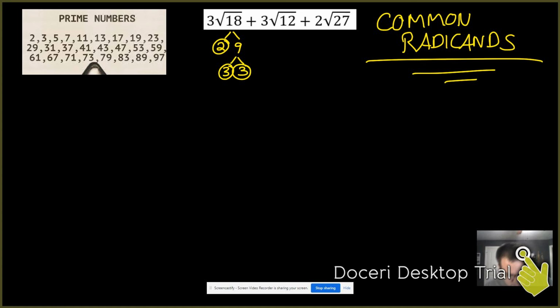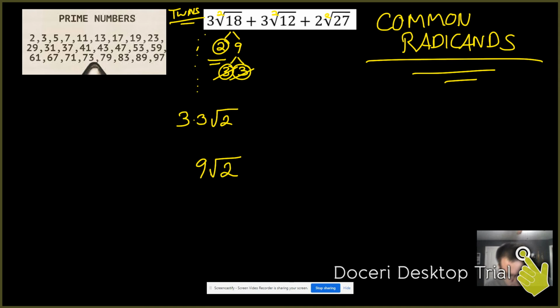We're looking for twins to escape because the indexes are all 2 across the board. So there is that 3 waiting for it. Go ahead and write that. Boom, boom, set of twins. Only one escapes. That guy is still stuck underneath. So we end up with 9 square root of 2.